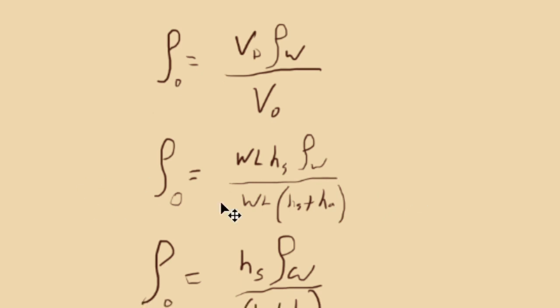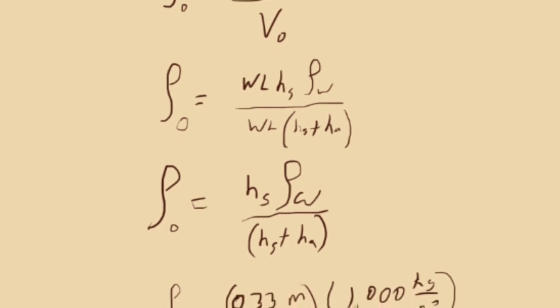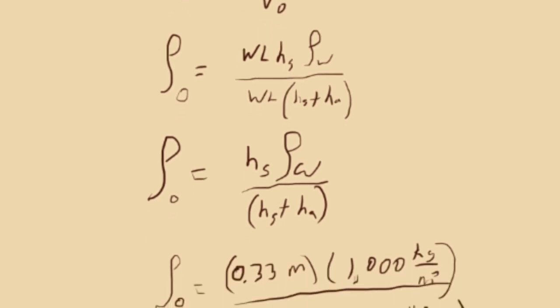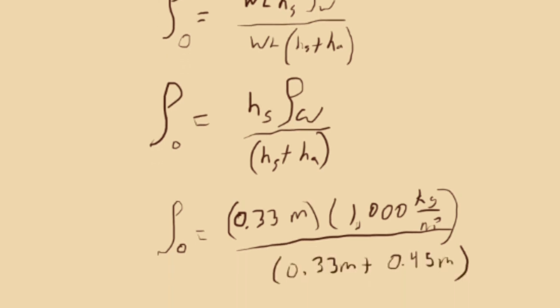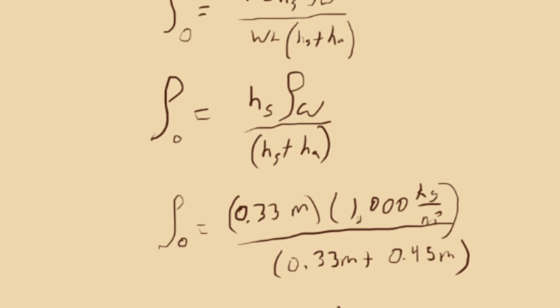So if we simplify this, we could get rid of our width and our length, and we're just left with, in the numerator, the height submerged times the density of water, divided by the height of the entire object. So we could plug in our values.